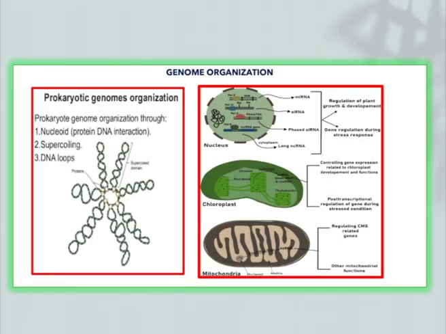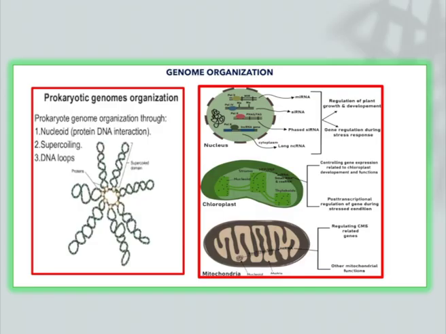Here I am showing gene organization in prokaryotes. In prokaryotes there is no definite nuclear membrane, no nucleus, only the nucleoid region, which is the genome, called the nucleoid. It is present in prokaryotic organisms like bacteria or cyanobacteria and acts as the genetic material.